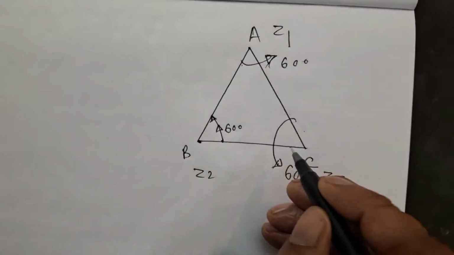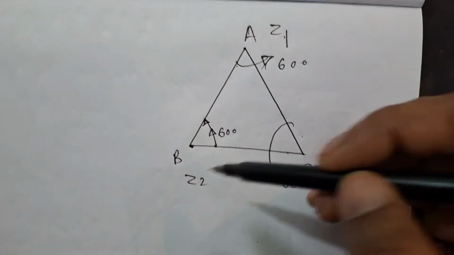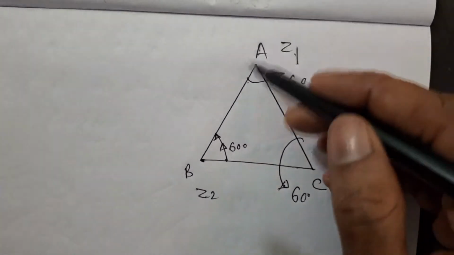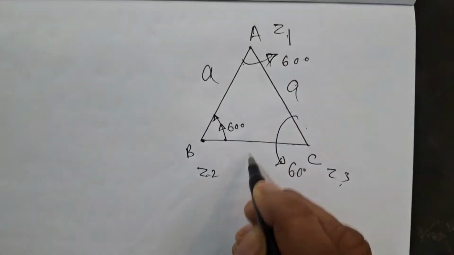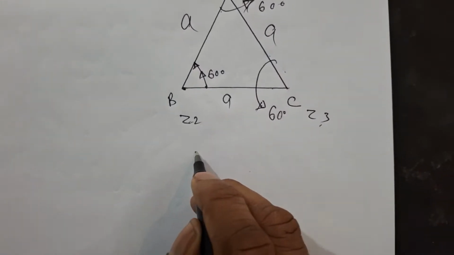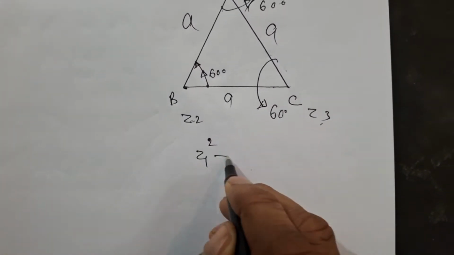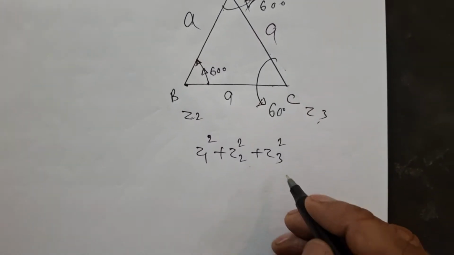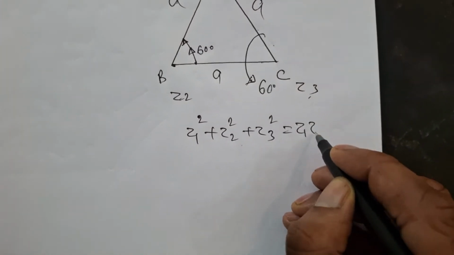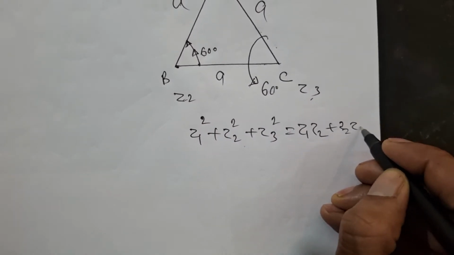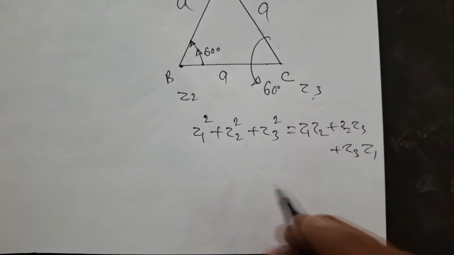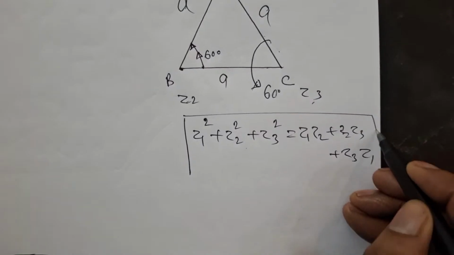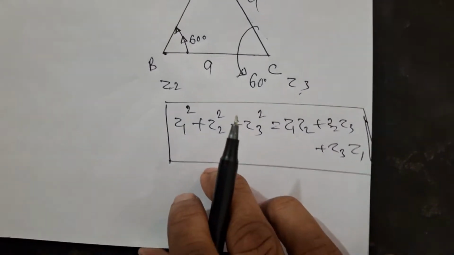Now the question is: if Z1, Z2, Z3 are the vertices of an equilateral triangle of side a, then prove that Z1 squared plus Z2 squared plus Z3 squared equals Z1Z2 plus Z2Z3 plus Z3Z1. These are the things we need to prove.